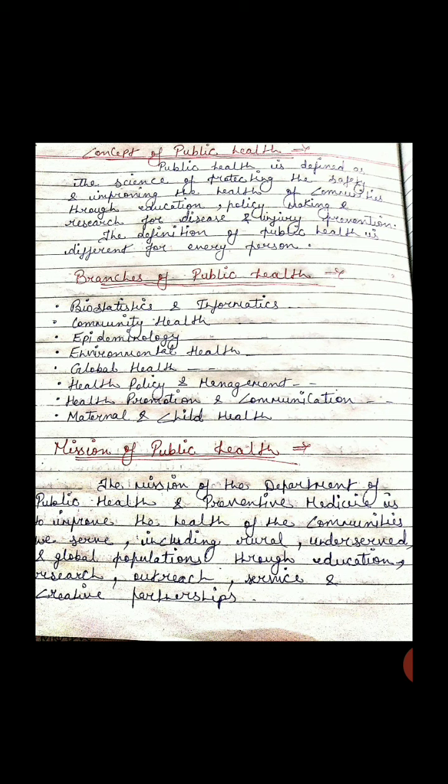Okay, get it? What is public health? Science of protecting the safety and improving the health of communities by educating, by policy making and research for the disease or injury and for working on its prevention. That is public health.